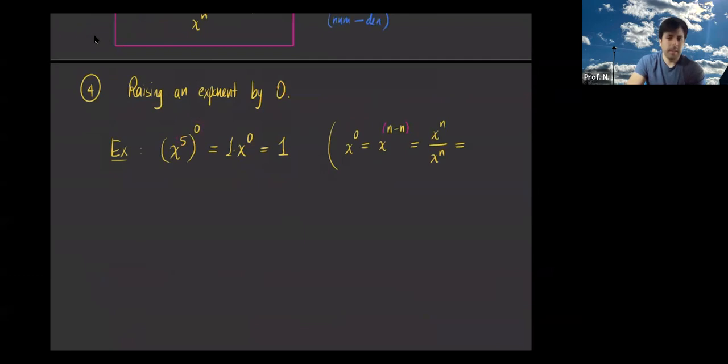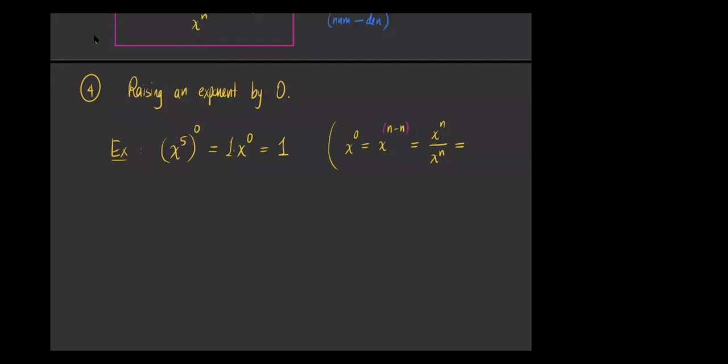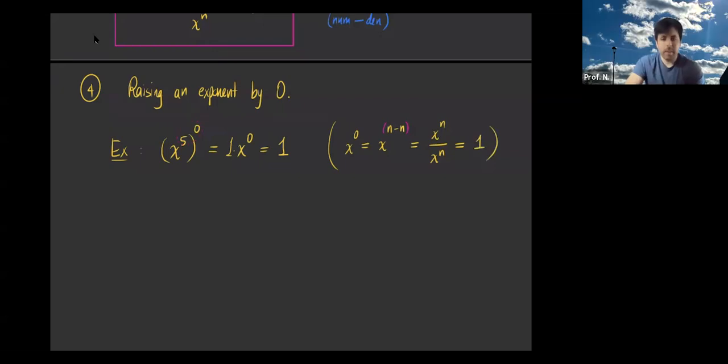What does that result in? If you have something divided by the same thing, what's the result? So for example, 3 divided by 3 is 1. So that's why x to 0 equals 1.